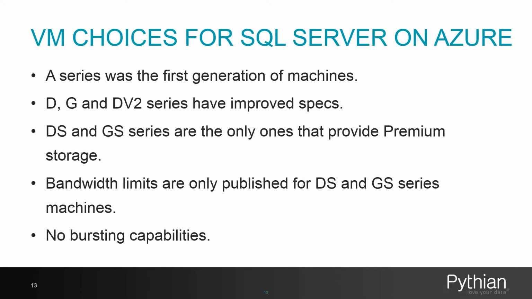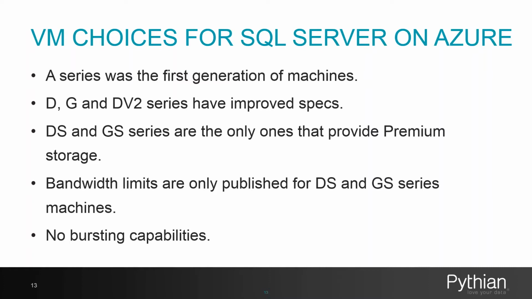Now, the DS and GS series are basically the same specs as D or G, but they provide premium storage. Premium storage was not available at the beginning when Azure started doing infrastructure services. All we had at the beginning was blob storage. To be really honest, blob storage was not good for high-performance SQL servers.